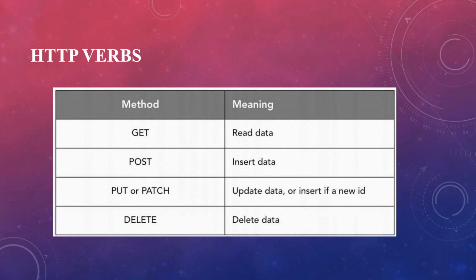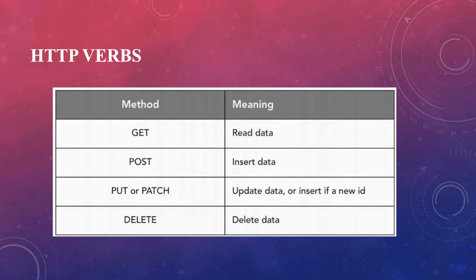Let's move on to the next topic, HTTP verbs, also called HTTP methods. In the previous example, we saw that the client is sending a request and the server is receiving the request and responding back with an HTTP response. So how does the server know what kind of action it needs to perform?